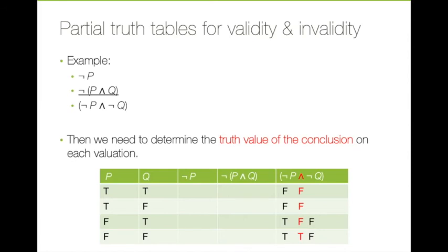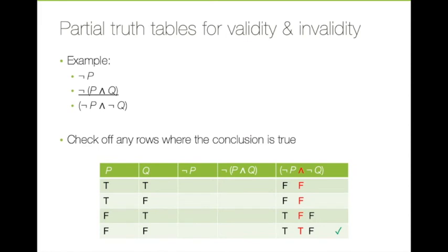Note that if you pause and look at this truth table, I have used our shortcut for conjunction. Since I saw that there was a false conjunct in not P in the first two rows, I knew the whole conjunction had to be false without calculating not Q. Just to illustrate how that shortcut can be helpful.